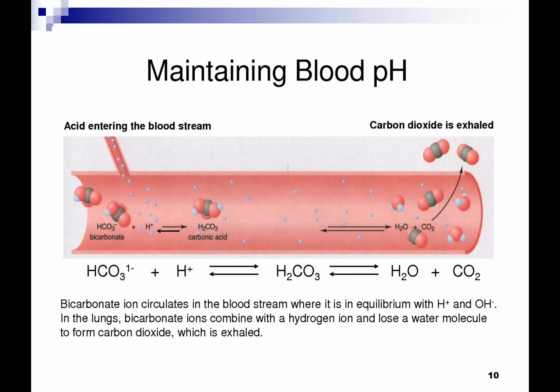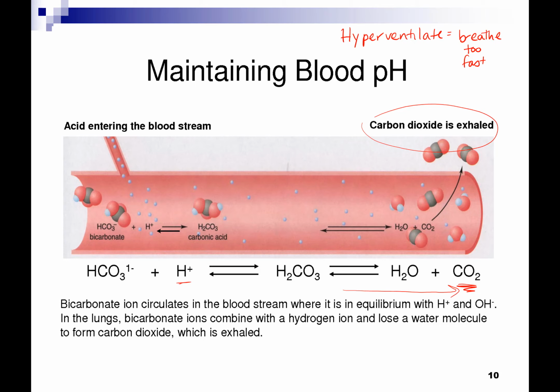Here's just another diagram showing you that when carbon dioxide is exhaled, you're shifting the equation and also getting rid of some of that acid. What happens when someone hyperventilates, right? They breathe too fast. You don't get enough CO2 out.